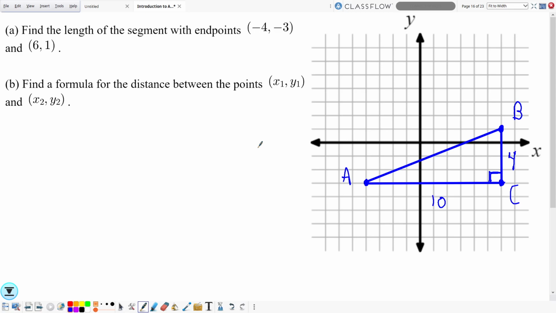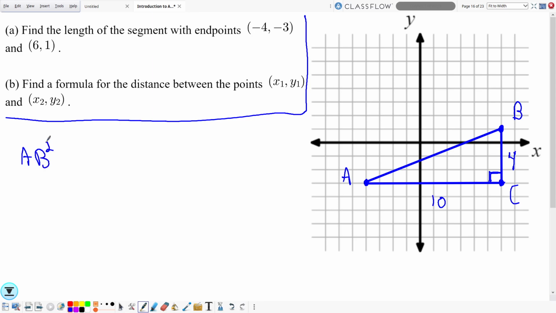So, I'll cut this off like this. Okay. I have AB squared is equal to AC squared, which is 10, so 10 squared, plus BC squared, which is just 4 squared. And if you don't remember the Pythagorean theorem, just go back and watch some of my videos on it. It's not that bad.